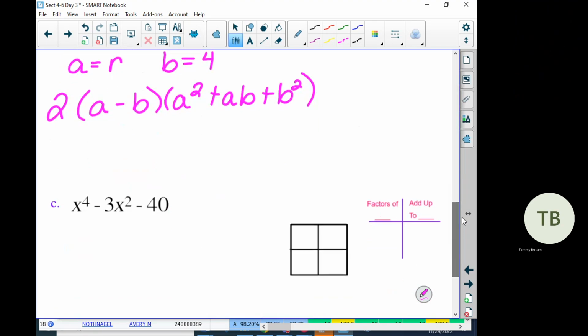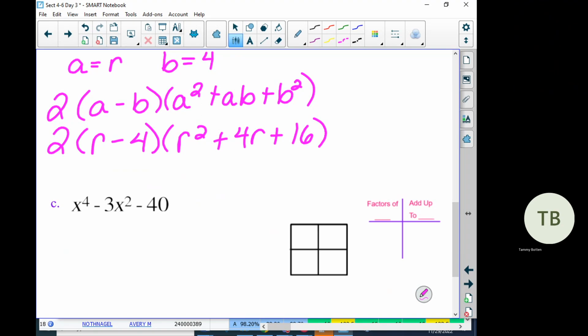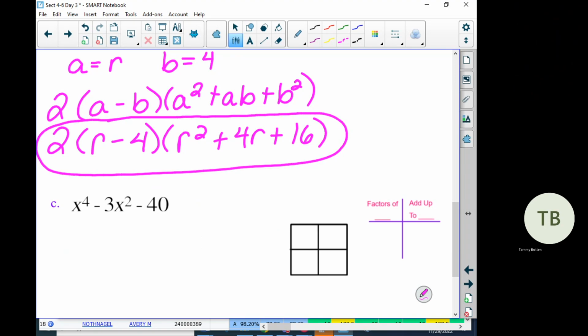And then you're just going to take R and 4 and substitute those in. So in for A, I put R, B is 4. A squared is R squared. A times B is 4 times R. And B squared is 16. This would be your answer.